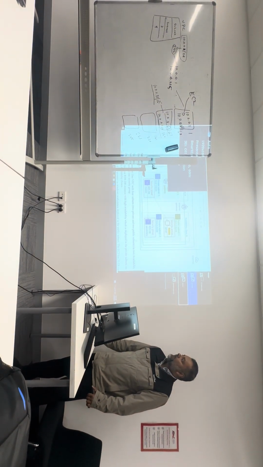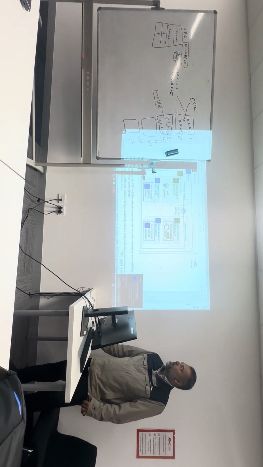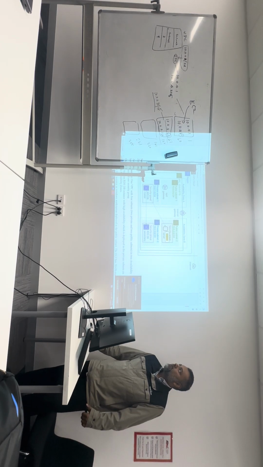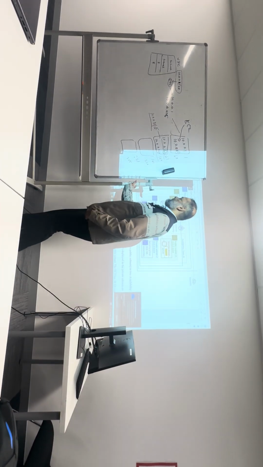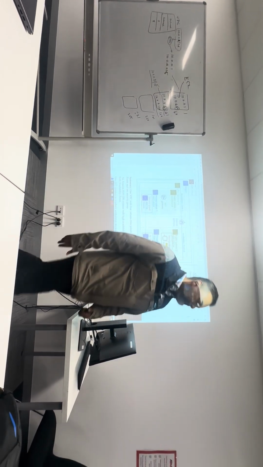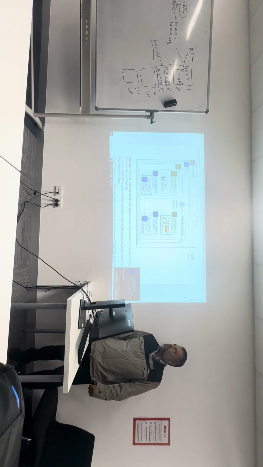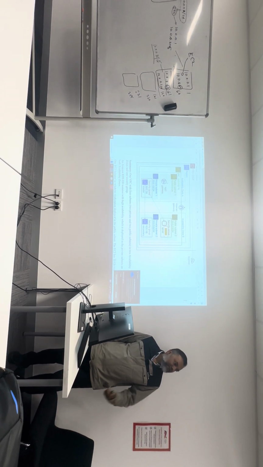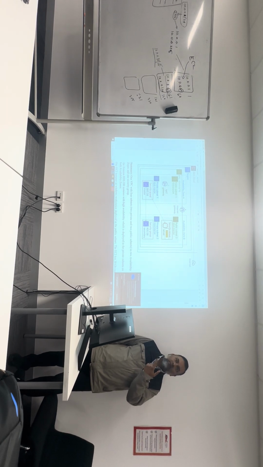Okay, so if you look at this picture, you can see the public subnet, right? When you make a subnet, you have the CIDR address already. It is not an IP address, it is a CIDR address, right? So it's already given.